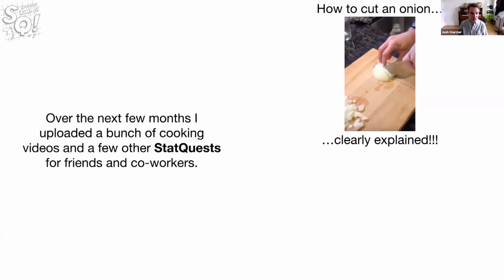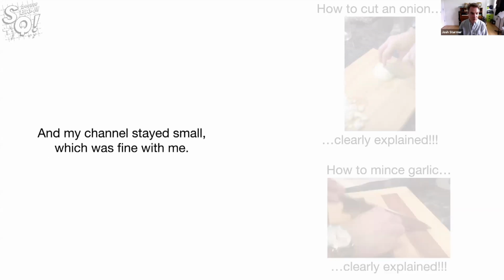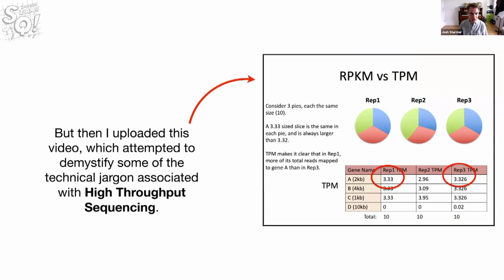And over the next few months, I uploaded a bunch of cooking videos and other StatQuest videos for friends and coworkers. So I had a video on how to cut an onion and a video on how to chop garlic. Anyway, my channel stayed small, which was fine with me. But then I uploaded this video, which attempted to demystify some of the technical jargon associated with high throughput sequencing.